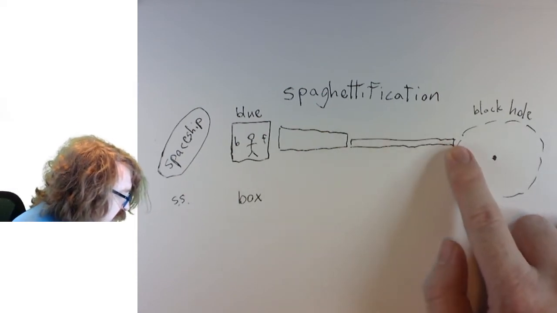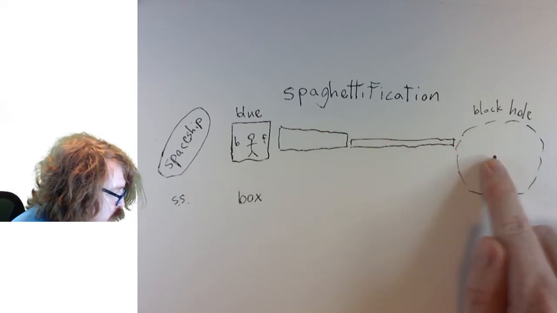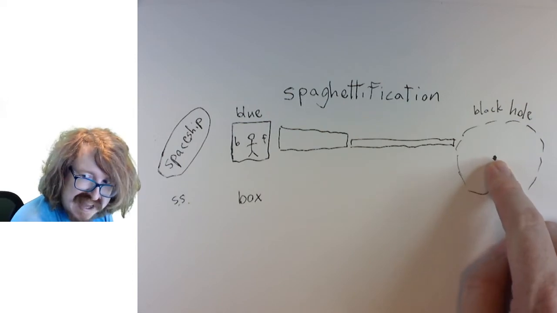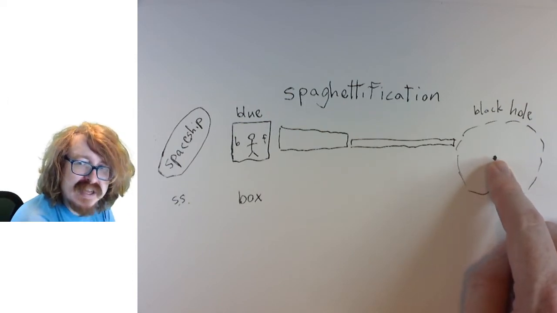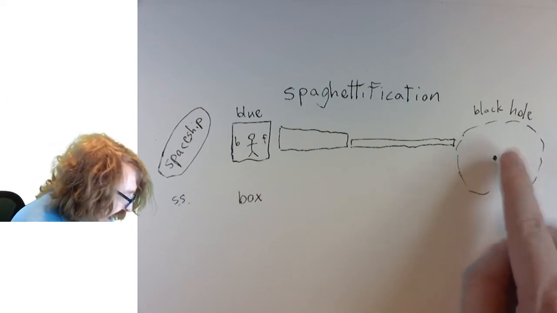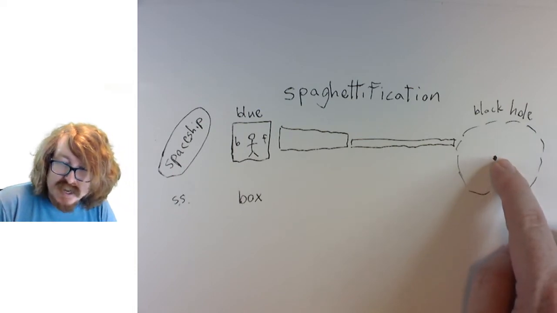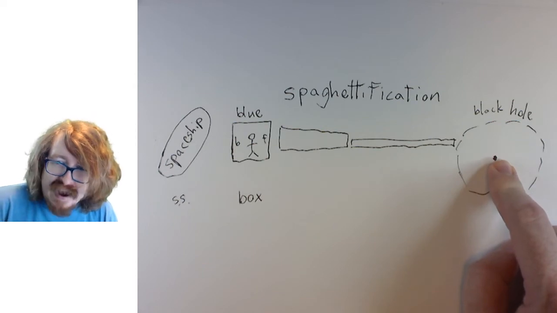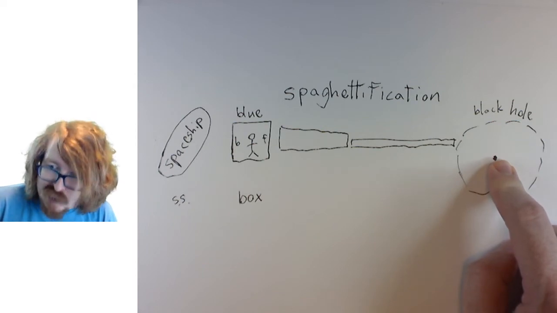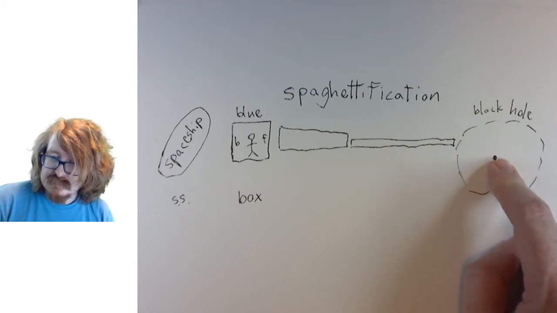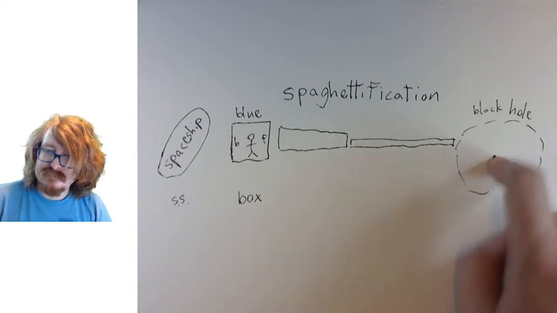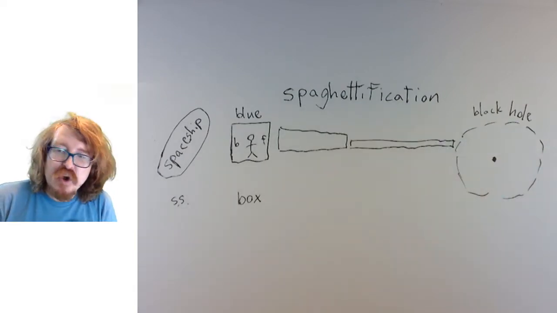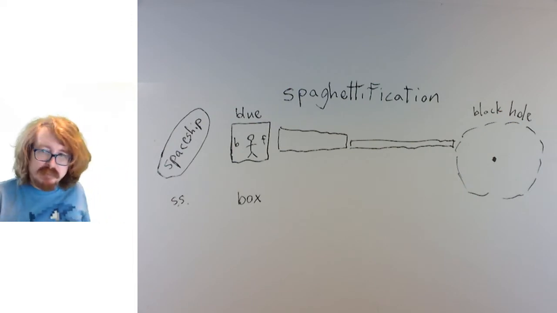As the gravity goes more and more towards infinity, how fast would time be moving at the actual singularity? If gravity goes to infinity there, how fast will time be moving right there? It would just stop.